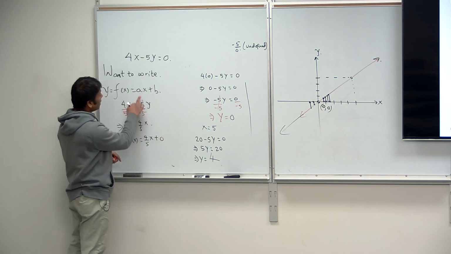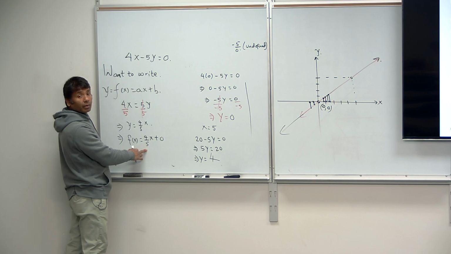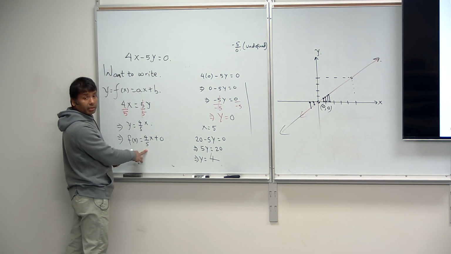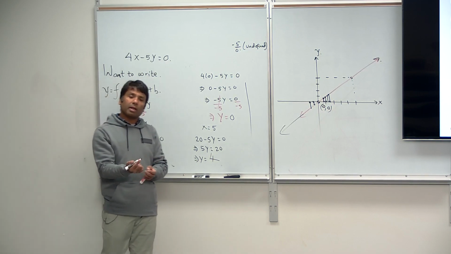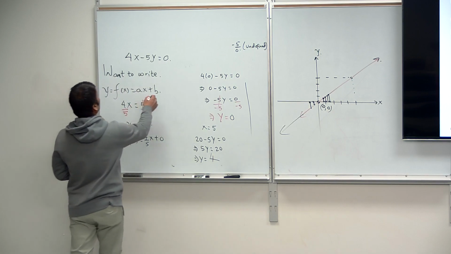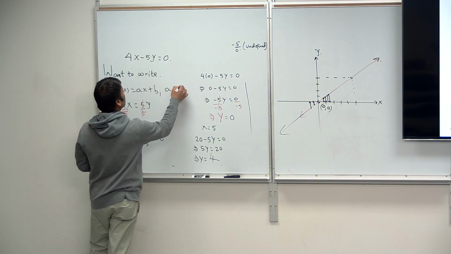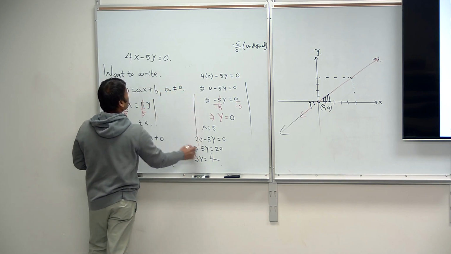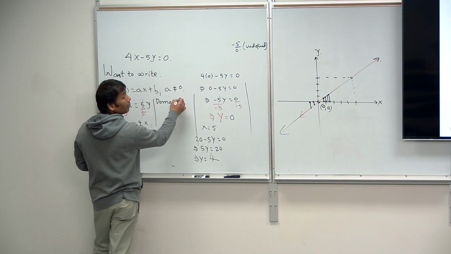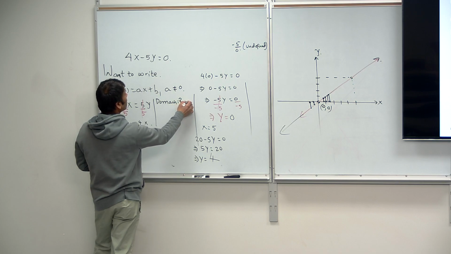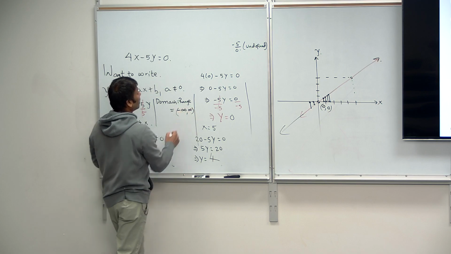And now this is in the form of this, where b is 0. b is 0, what is a? What is the value of a? 4 over 5. And a is not 0, right? So remember, if you have a linear function with a not equal to 0, then the domain equals the range equals negative infinity, positive infinity.